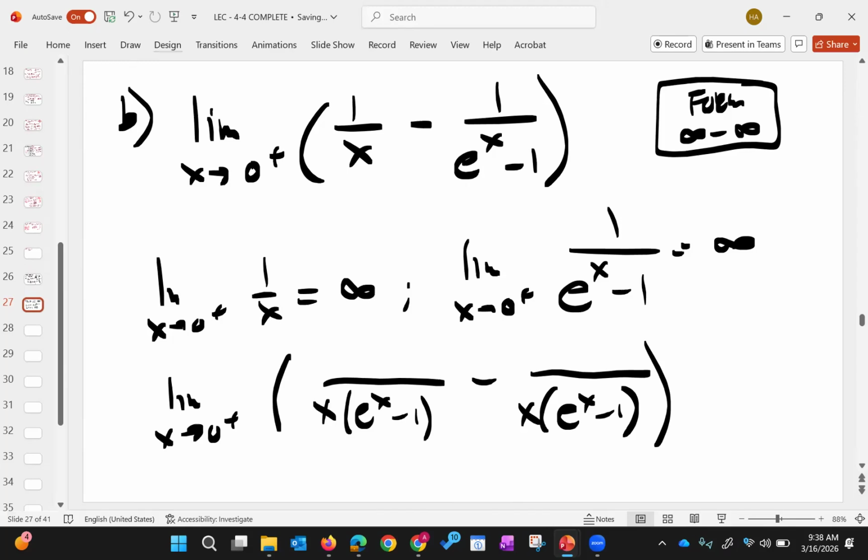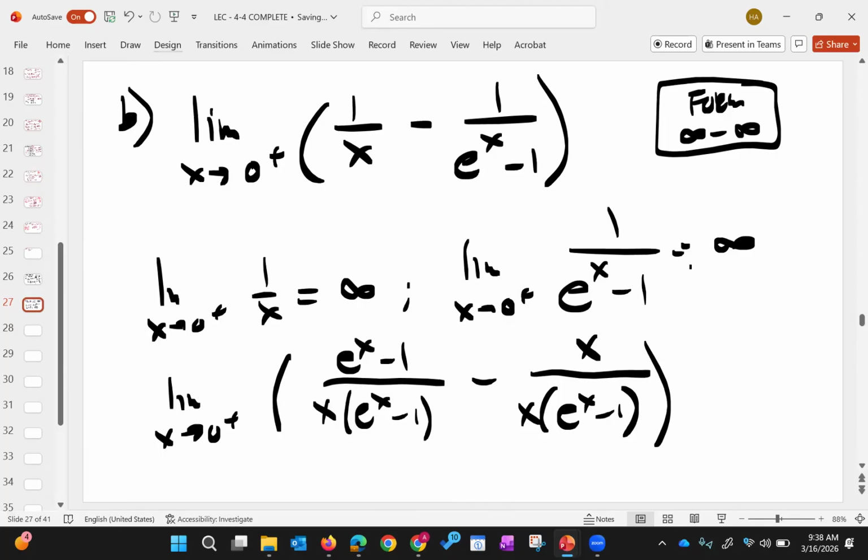So then on top of the first fraction, I have e to the x as our multiplier, because it's 1 on top. And the second fraction has the x. Perfect.